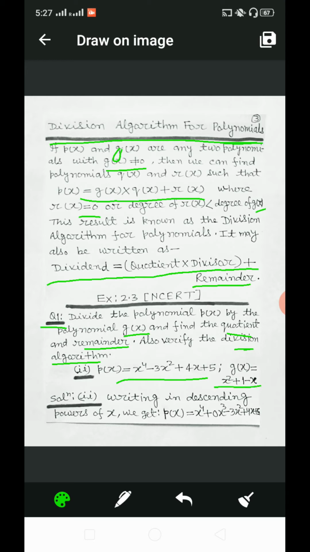For solution, writing in descending powers of x, we get p(x) is equal to x to power 4 plus 0 into x cube minus 3x square plus 4x plus 5. Here the term x cube is not given, so we write 0 into x cube.